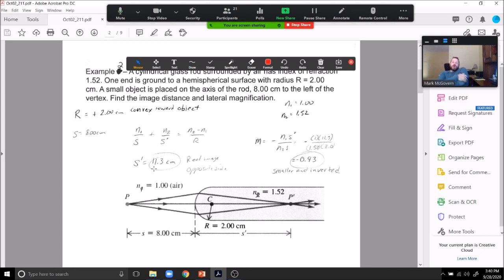Now, we have a relationship for our magnification. Okay? So this is different too from doing things with mirrors. What's different is that the magnification needs to take into account the indexes of refraction.